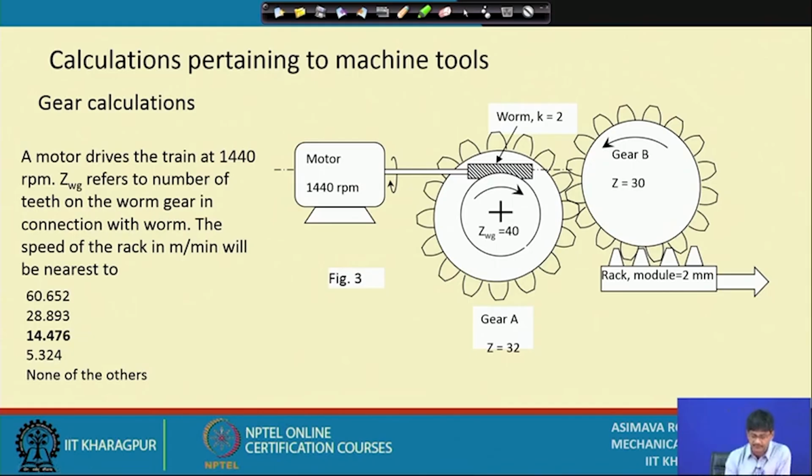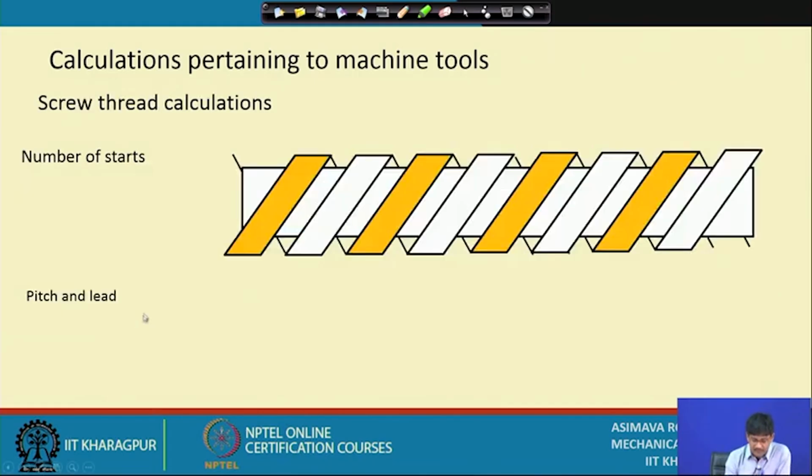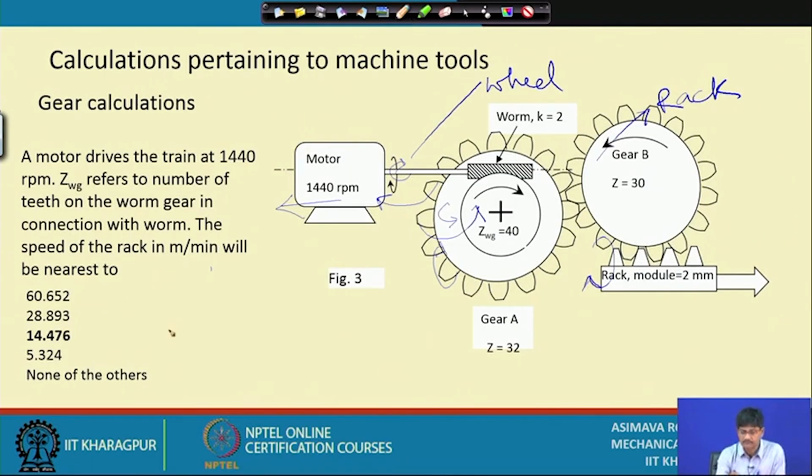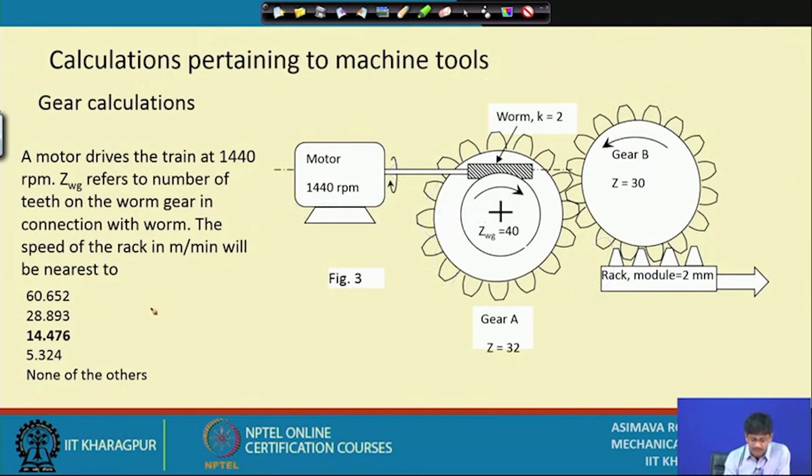So, let us move right away. 1440 RPM is the RPM of the motor. We start from the motor. Next we come to the worm gear. The worm and worm gear pair changes this RPM as per its speed ratio.